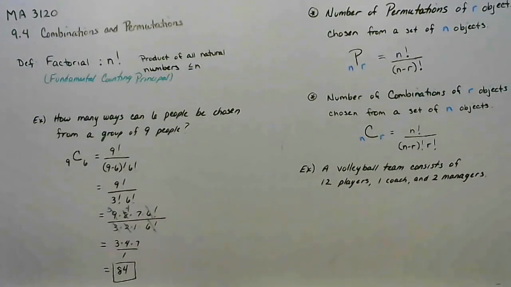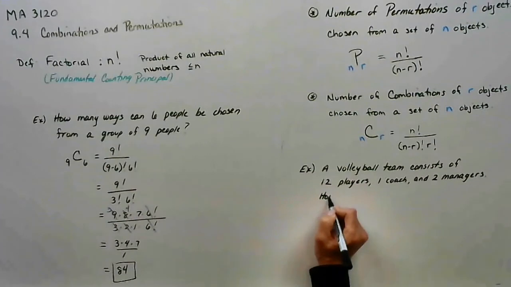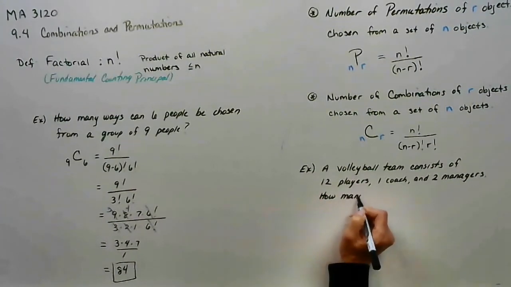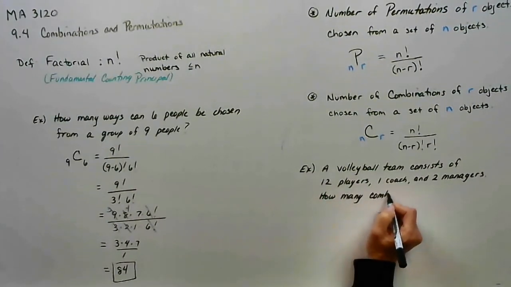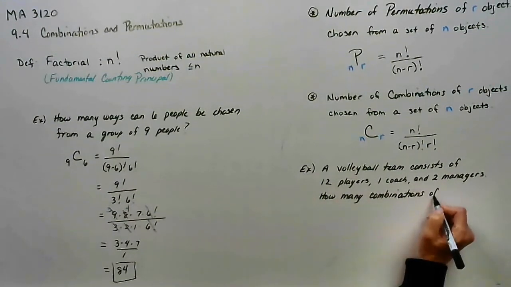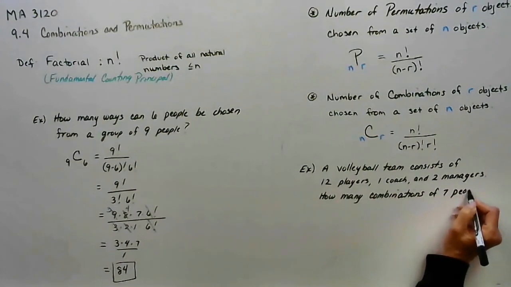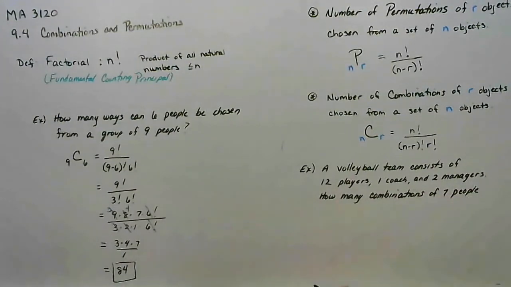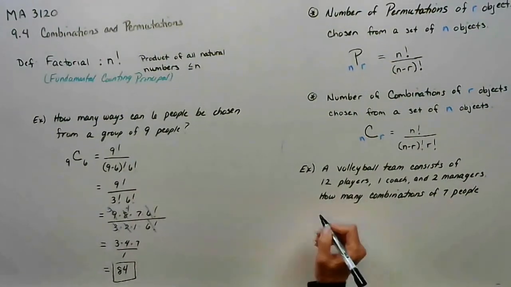They're having a team photo taken, okay? So how many combinations of 7 people can be chosen to kneel in the front row of the team picture? Notice it says 7 people, not 7 players, so we've got to take that entire sample set, all the people.